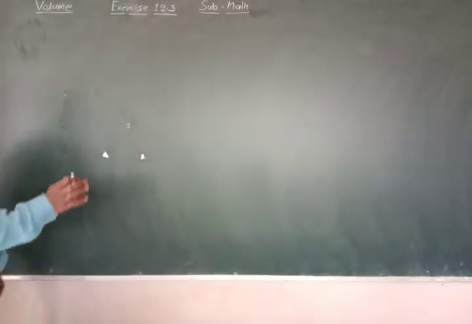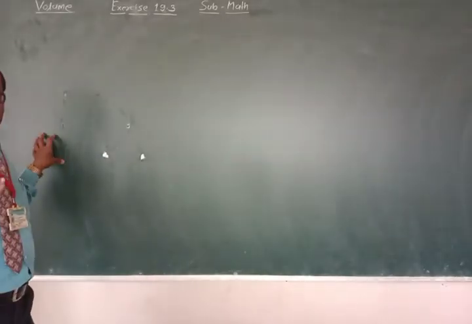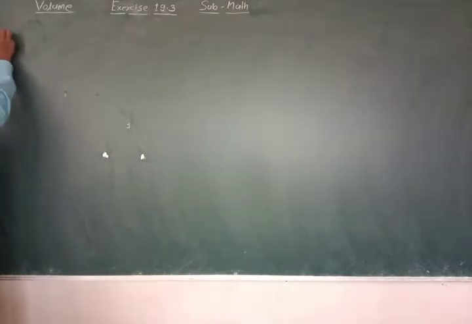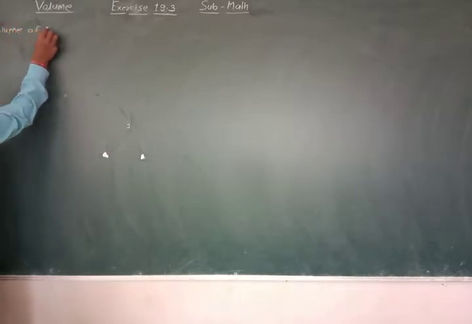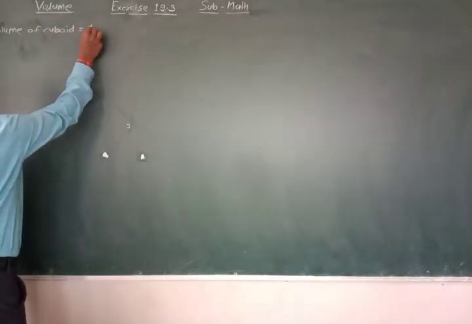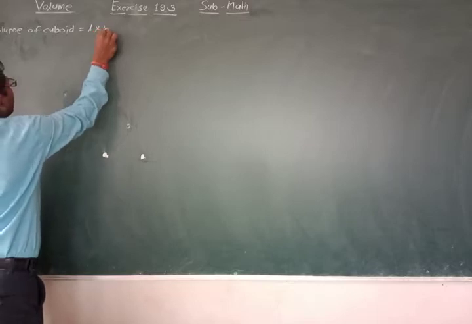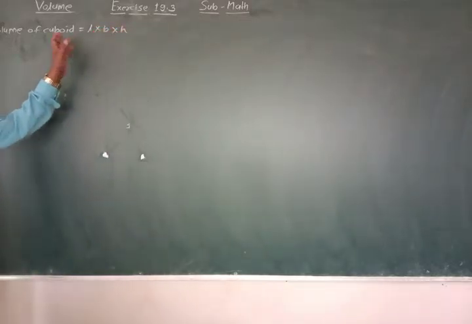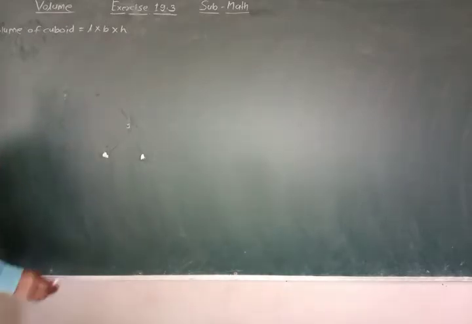See here, you have already written these two formulas, but I am writing them again here. Volume of cuboid is equal to length multiplied by breadth multiplied by height. L for length, B for breadth and H for height.